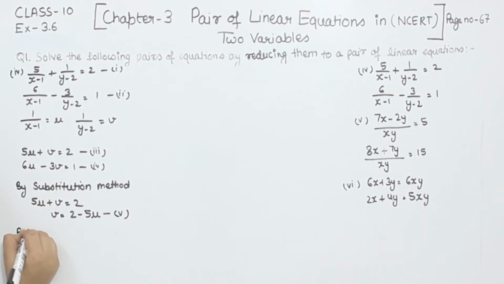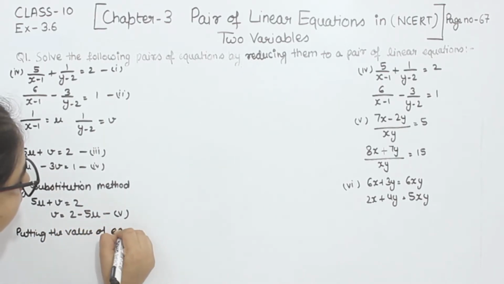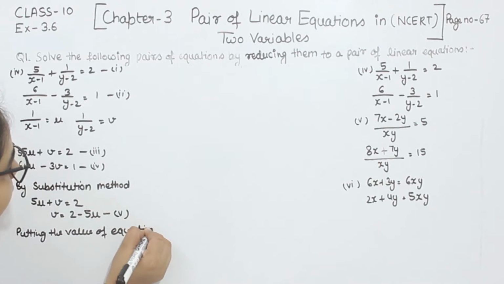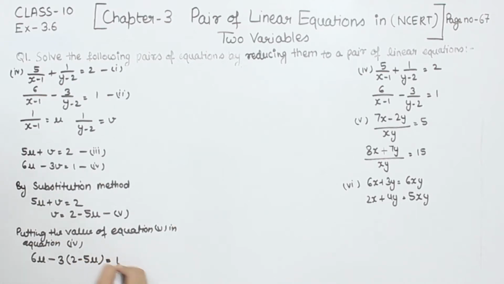Putting the value of equation 5 in equation 4, we have 6u minus 3v, and in place of v we write its value, and this is equal to 1.